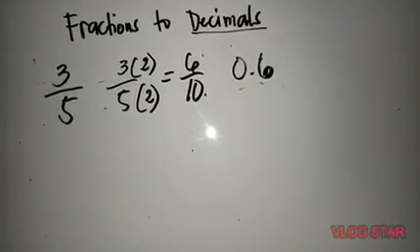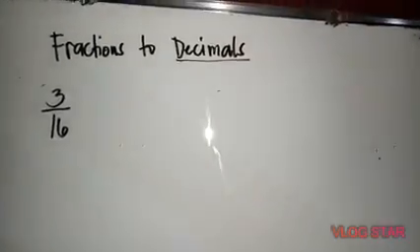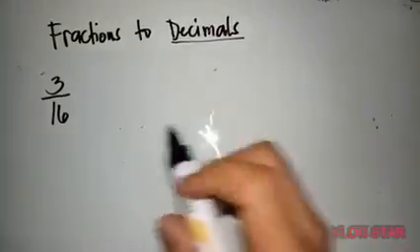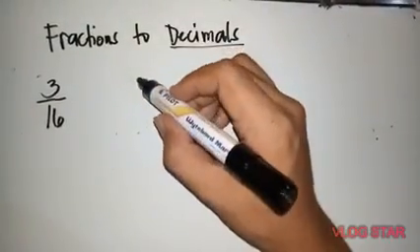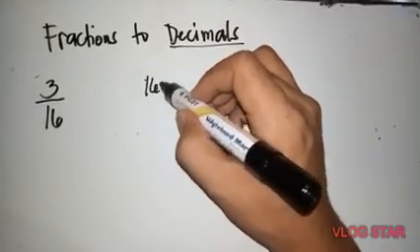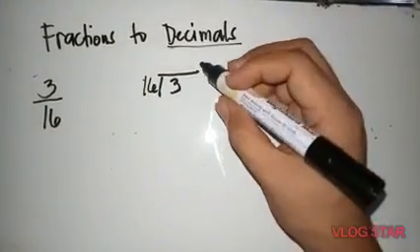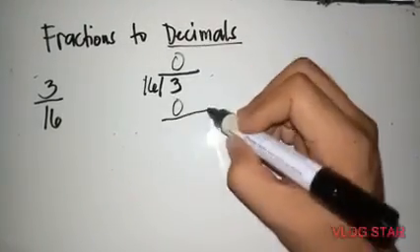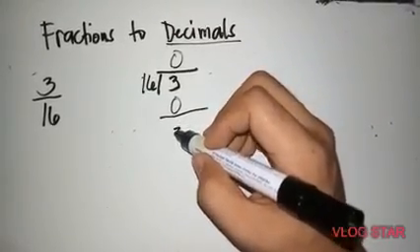Another example, fractions to decimal. So let's have another example. 3/16, let's convert it into decimals. Since we cannot convert it into a power of 10, we will just divide. 3 divided by 16 is 0. 0 times 16 is 0. 3 minus 0 is 3.